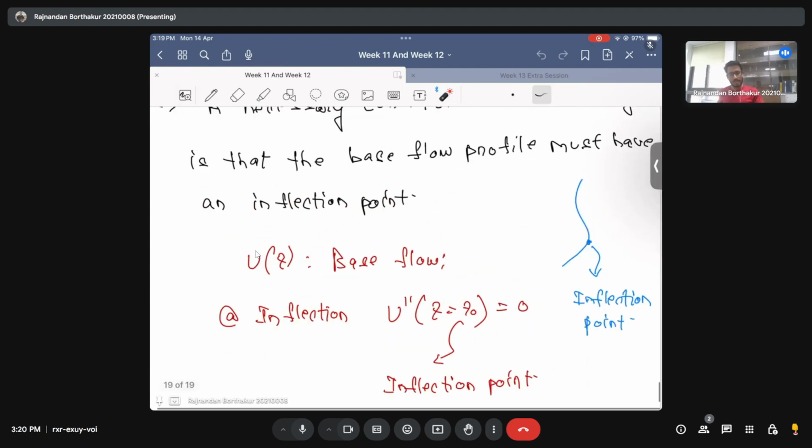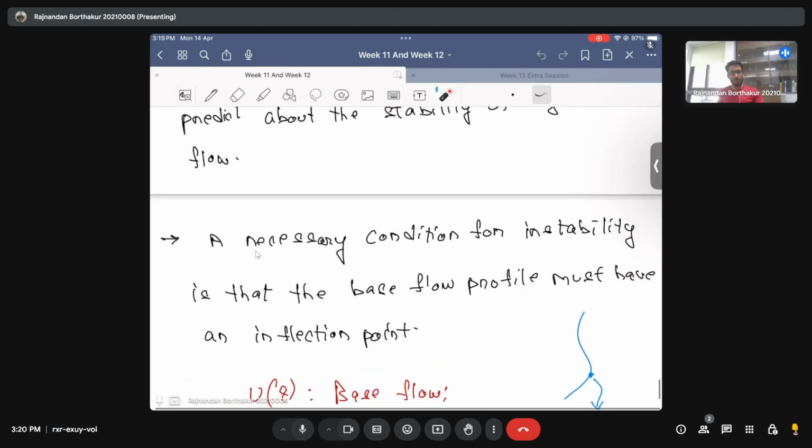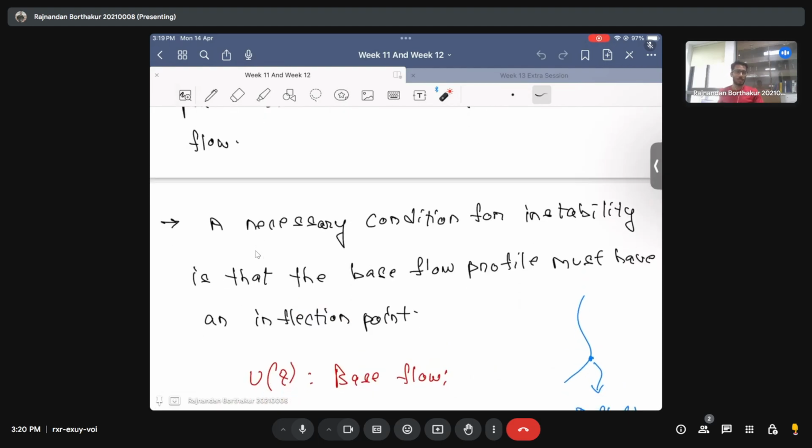If this criterion is satisfied, there could be the possibility of instability in the given base flow. But remember, this is a necessary condition, but not sufficient.